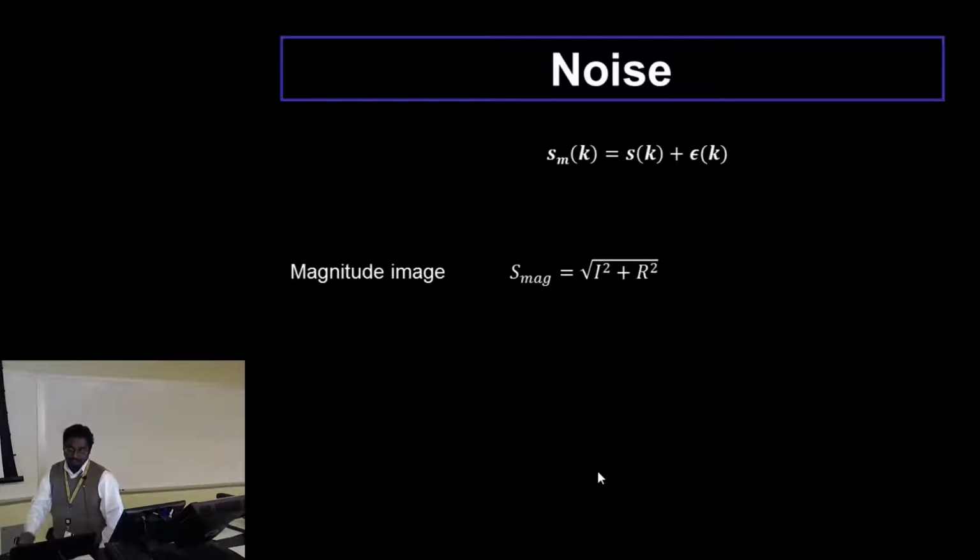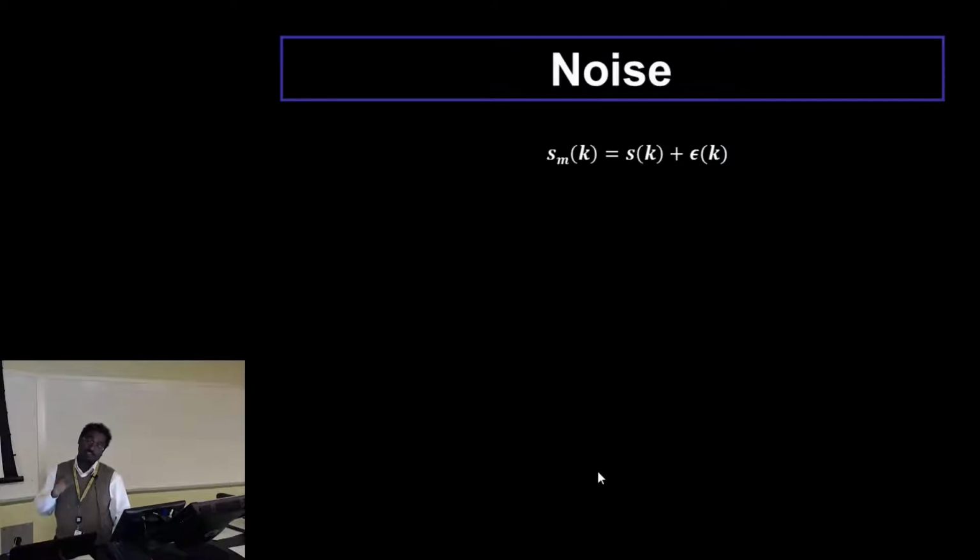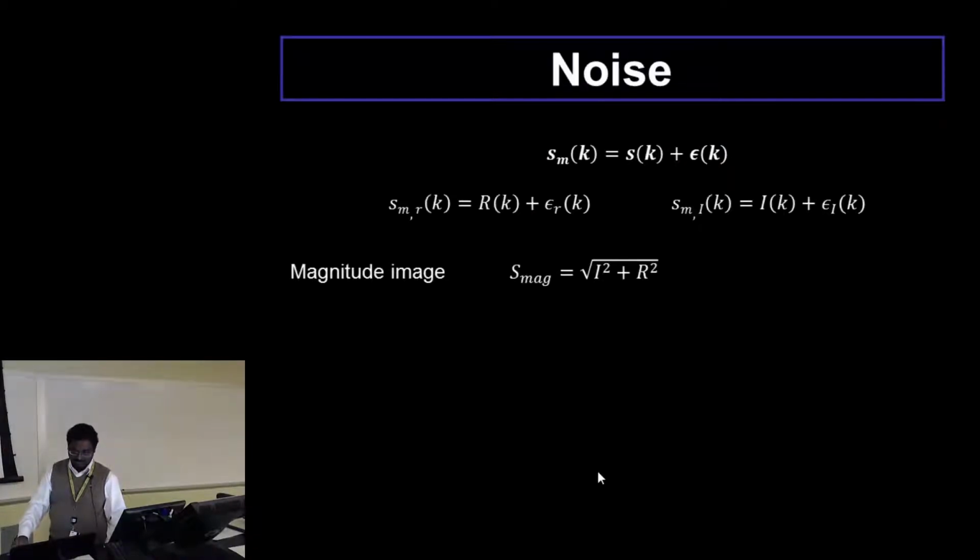Now one further thing we need to note is that the noise we've been talking about so far was actually in the real and imaginary channels. Even in the image domain, we're talking about real and imaginary channels, since the signal is complex.